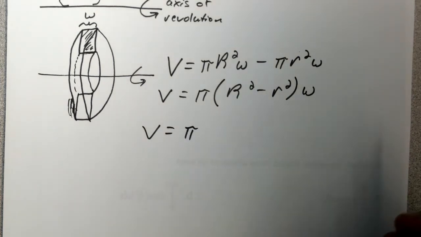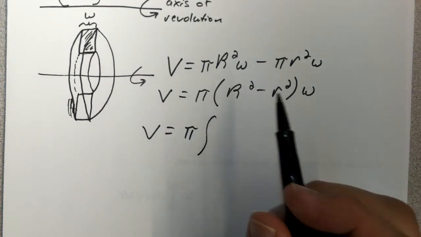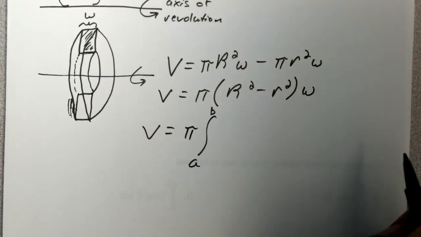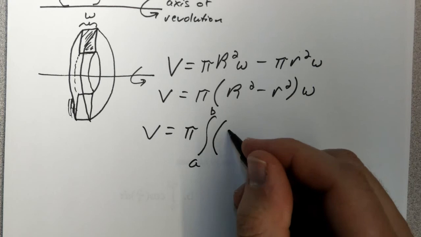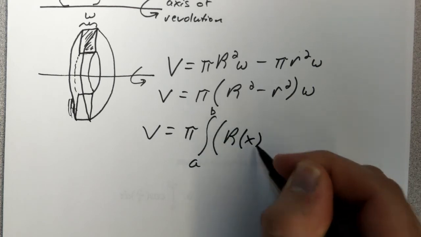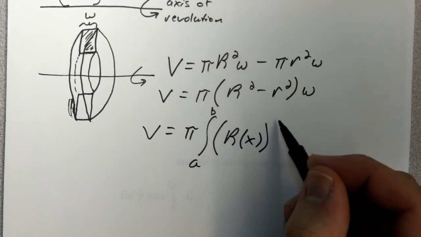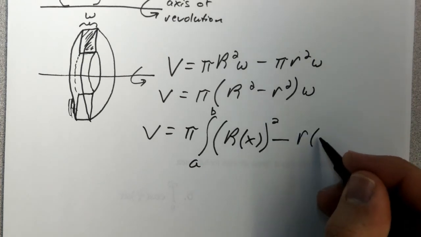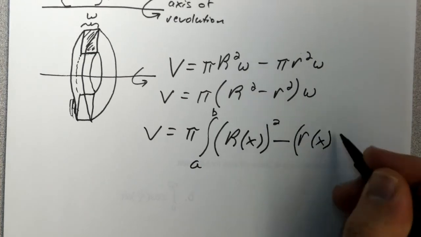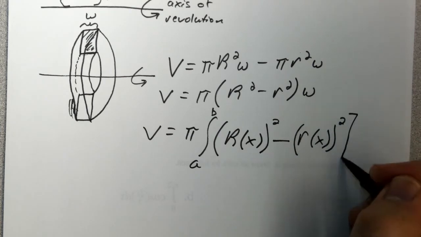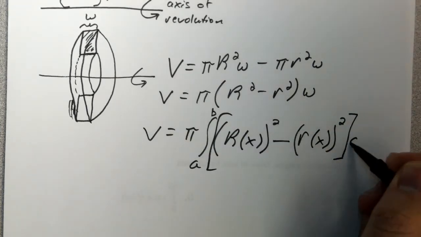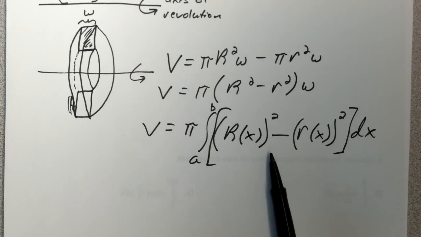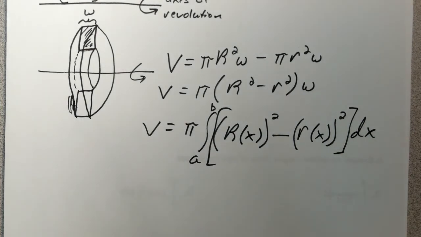The pi will stay out in front, and if we're going to take an infinite number of subregions, it's going to be the integral from a to b, and then the outside radius is going to be defined by some function in terms of x, squared, minus some function, the inside radius, which is a function defined in terms of x, squared. All of that will be integrated with respect to x. So there's your formula for washers when you're spinning around a horizontal axis.